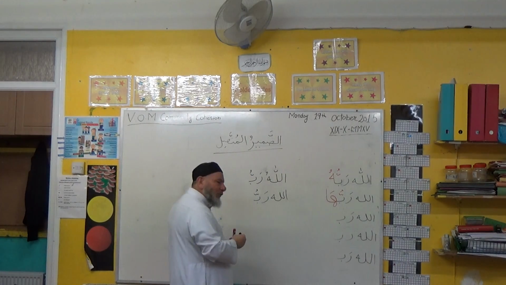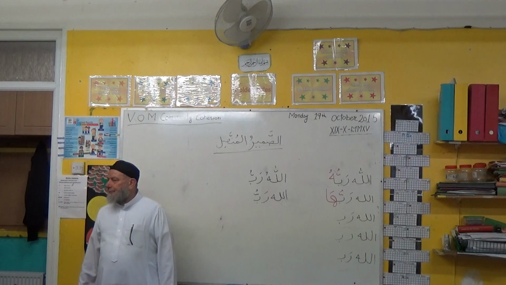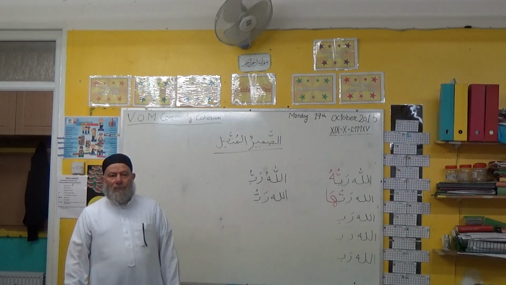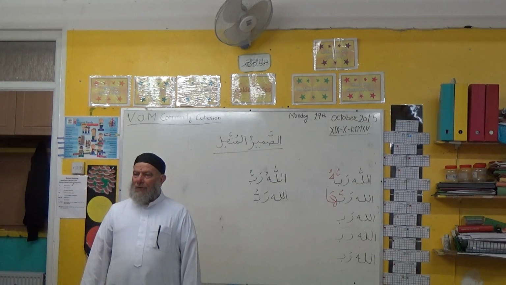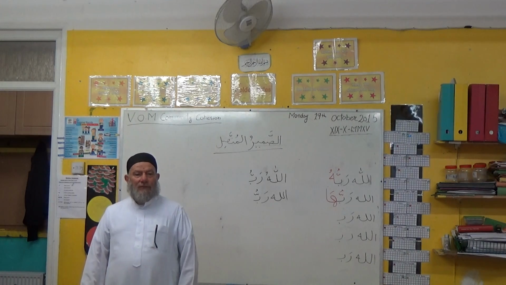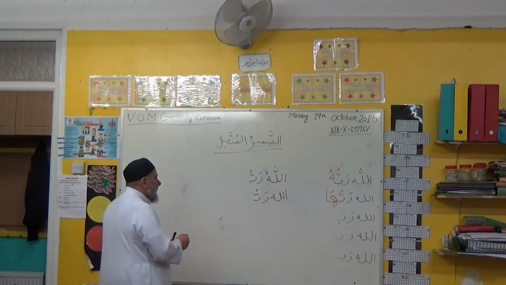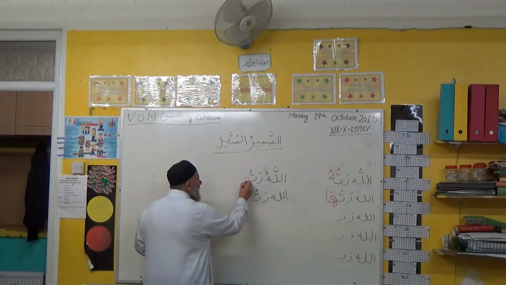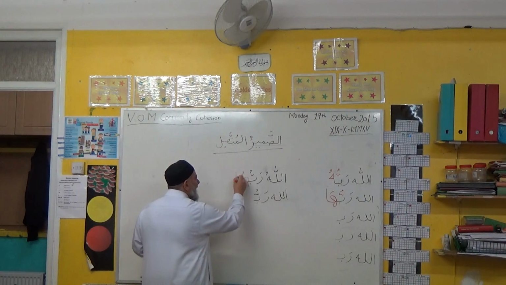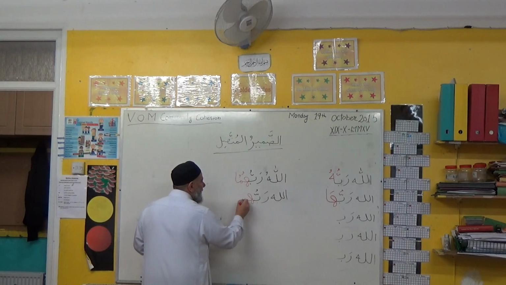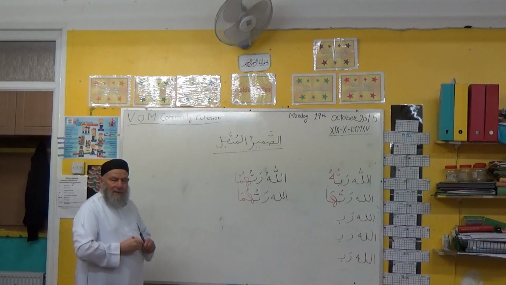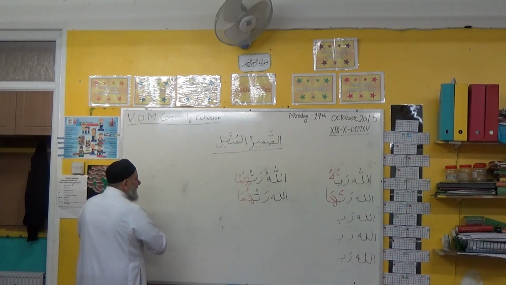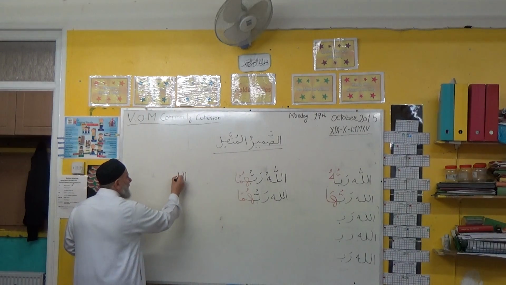Okay. What do we use for the muthanna? I use the same, but now it is attached. So to say the dual, I say Allahu Rabbuhuma. Now let us come to the plural.